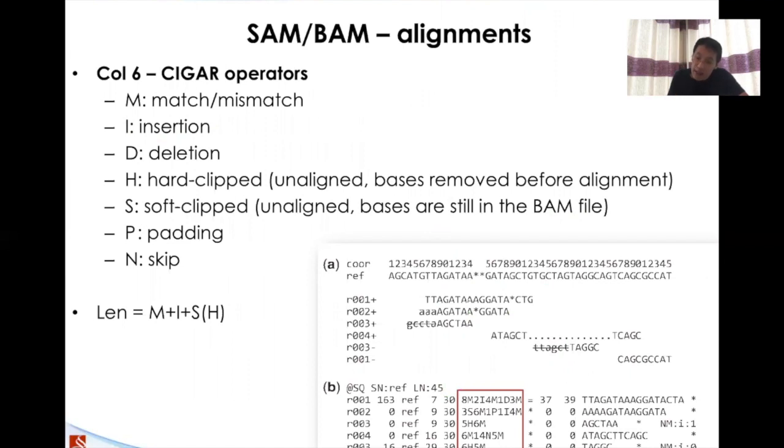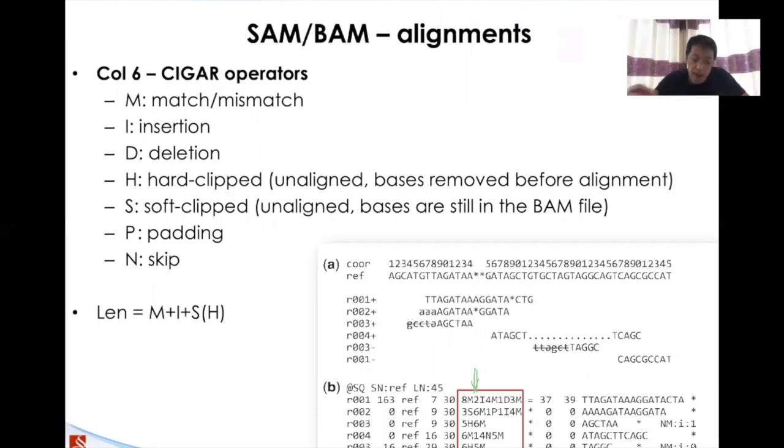So the next one is in the SAM and BAM file, in this particular field, and that is the CIGAR string. What you can see from here is quite a different combination of letters and numbers, and the letters really mean something.